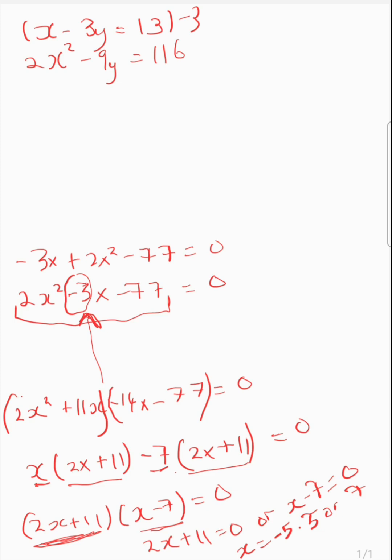Okay, let's use one of our original equations. We'll choose this one on top, x minus 3y equals 13. When we substitute the value of x, let's start with substituting minus 5.5.